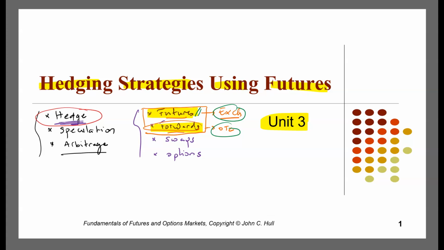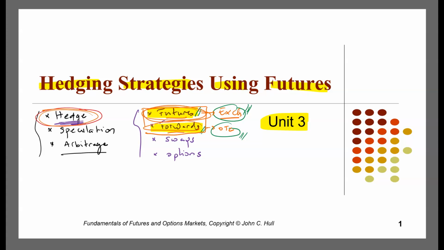Futures are marked to market, forwards are not marked to market. There's an exchange clearinghouse, there is a central counterparty here, and so on and so forth. So those are the differences between futures and forwards, but typically they are valued in the same way because they achieve the same goal. And so in this unit, we will be looking at hedging using futures contracts. And again, hedging only.